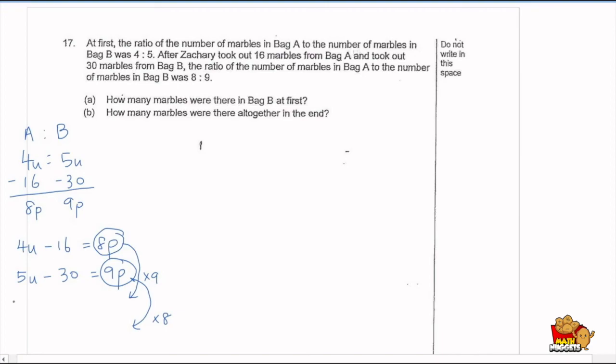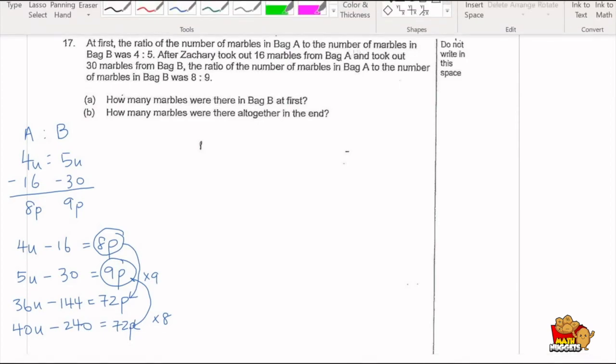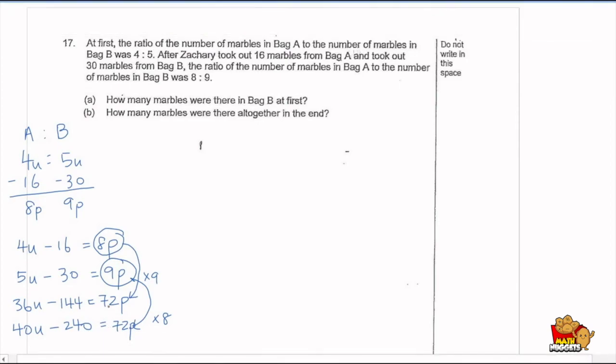So if I do that, this is 36 units minus 16 times 9, which is 144, gives me 72 parts. This one will be 40 units minus 240, gives me 72 parts. So as you can see, now my parts, 72 parts, both the same.